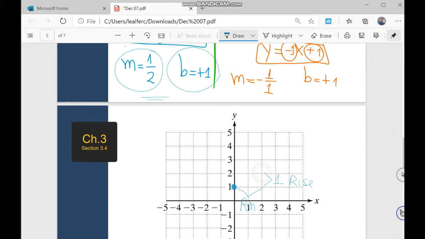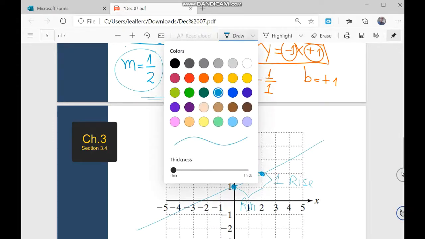That means the other point that we're going to use to find the line is this. Connect the dots. Connect the points. And I have the first line, the graph of the related equation for inequality number 1.